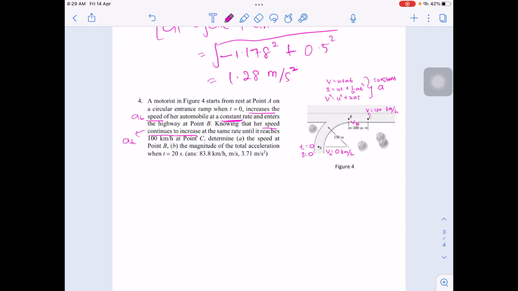Untuk tambahan, kalau curve linear motion, this is for constant A tangent. Okay. Don't use this equation for A normal. This equation for A tangent only. So constant AT. Okay, so they ask what is VB? What is velocity at point B? So this is constant acceleration. You just can use that kinematic equation.